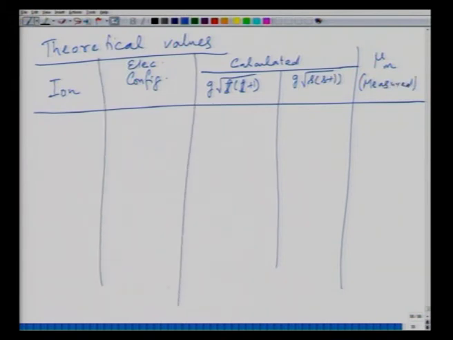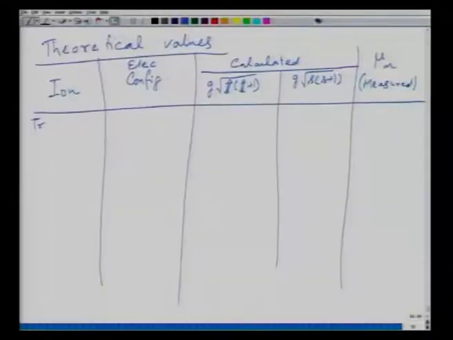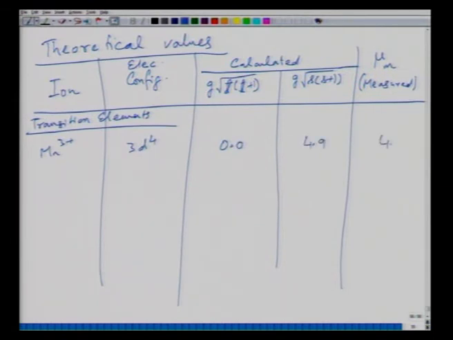Electronic configuration I am going to take only for the last few shells. So for transition elements, let us say in case of manganese 3 plus, manganese 3 plus has a 3d4 configuration, and the orbital value would be 0 and the spin value would be 4.9, and the measured is 4.9.